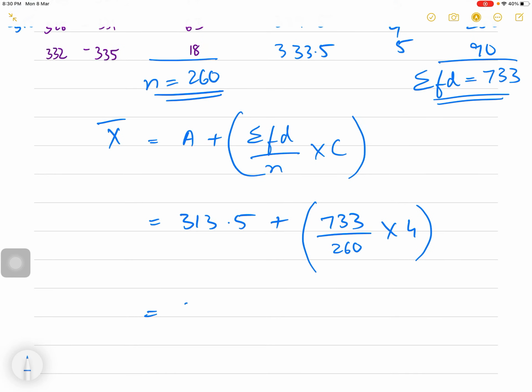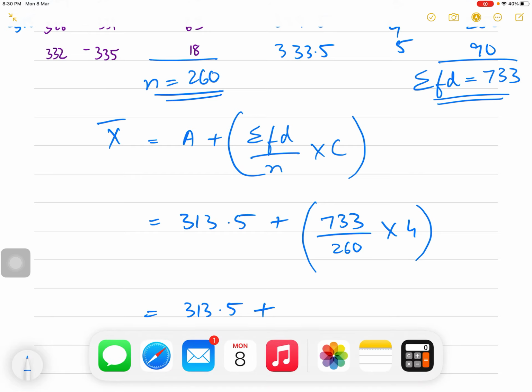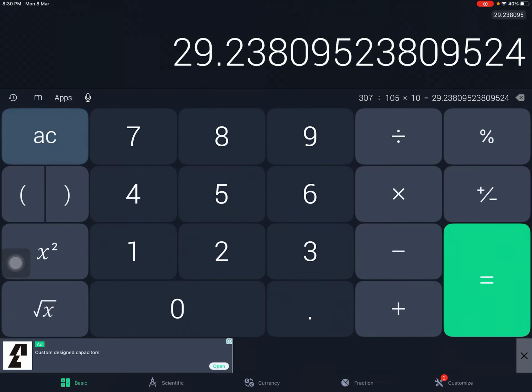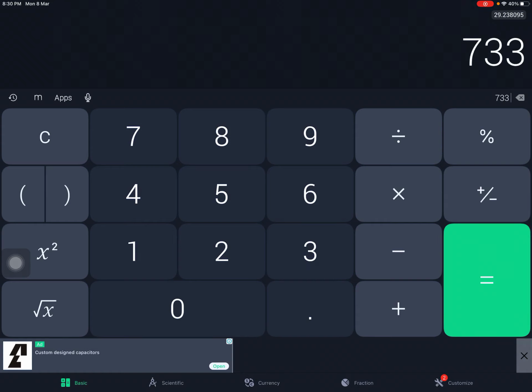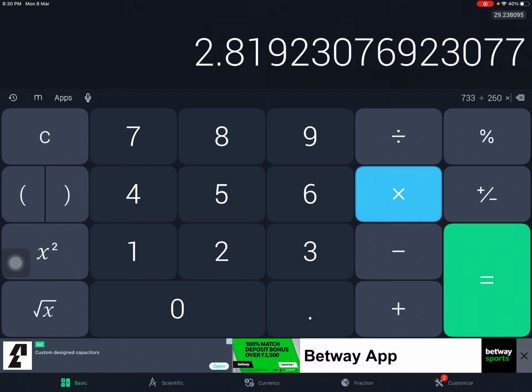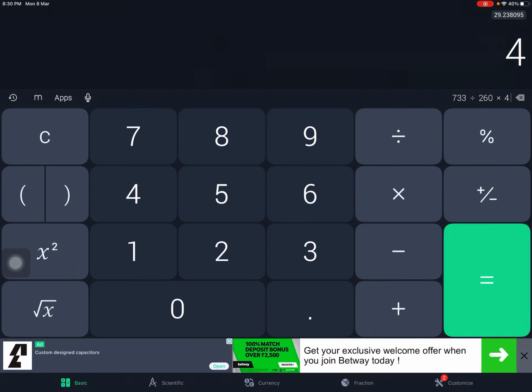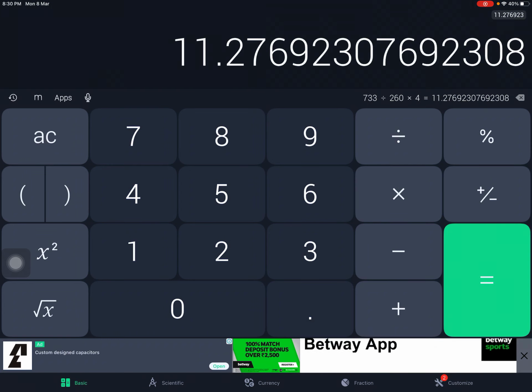Okay. So 313.5 plus, let us divide this. 733 divided by 260 into 4, which is 11.28.